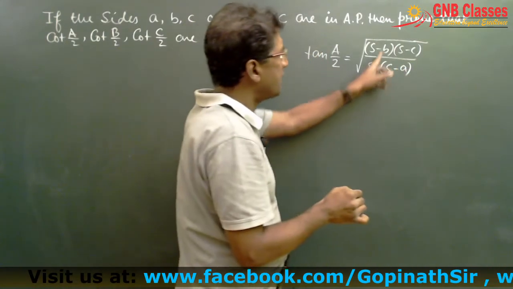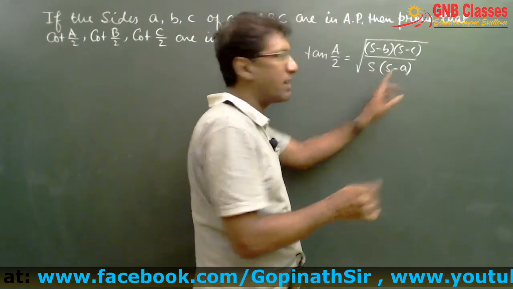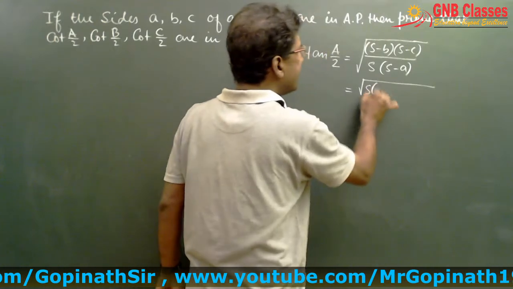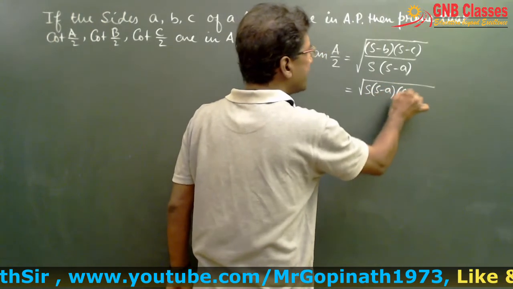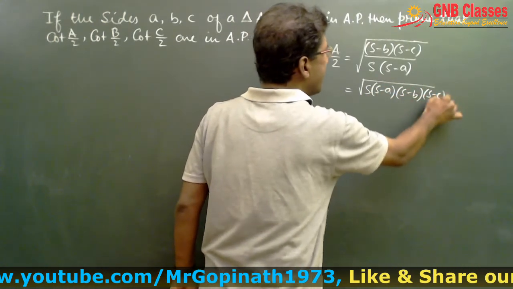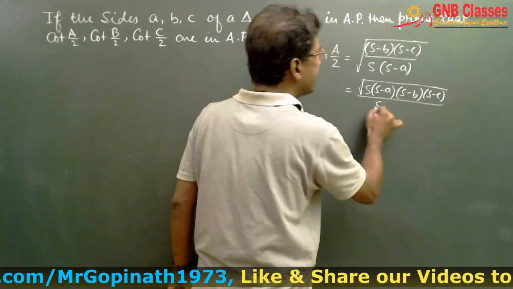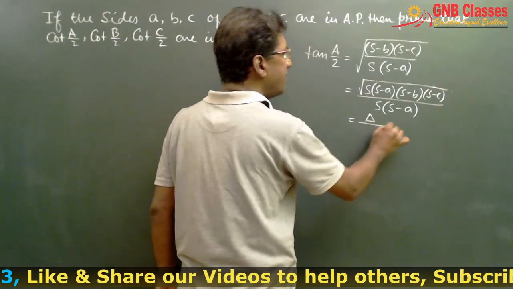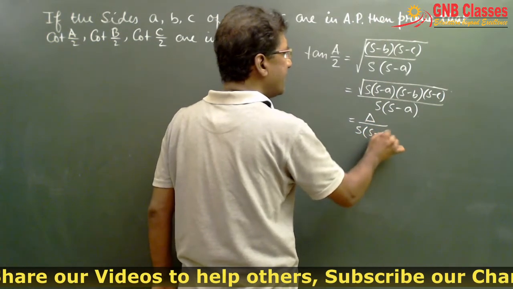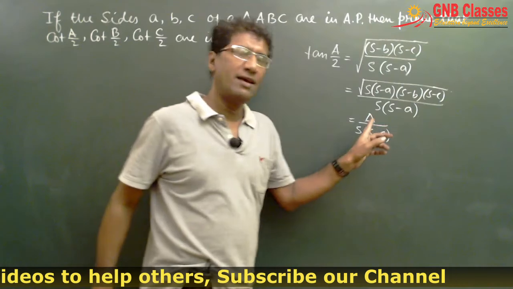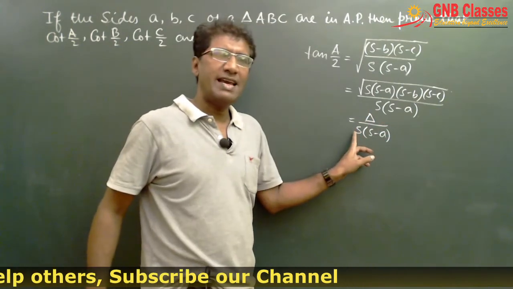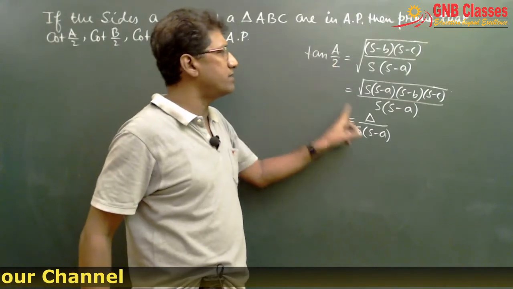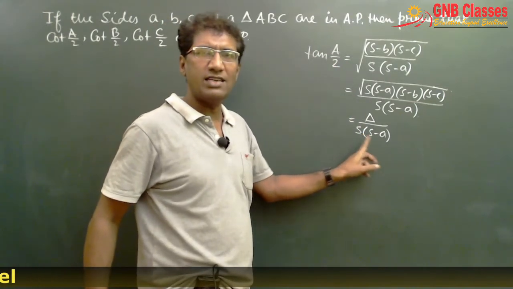Now, if I multiply numerator and denominator by s(s minus a), we are going to get in the numerator s(s minus a)(s minus b)(s minus c), which is denoted by del, and in the denominator we have s(s minus a). Is it clear? Therefore, tan A by 2 is nothing but del by s(s minus a).